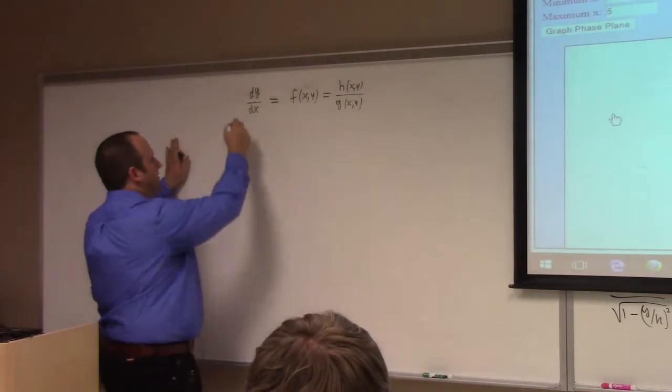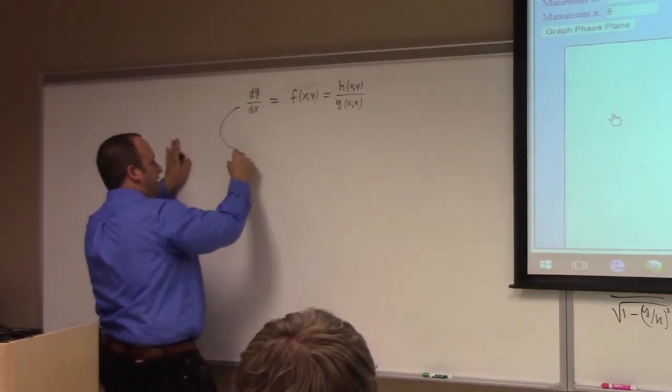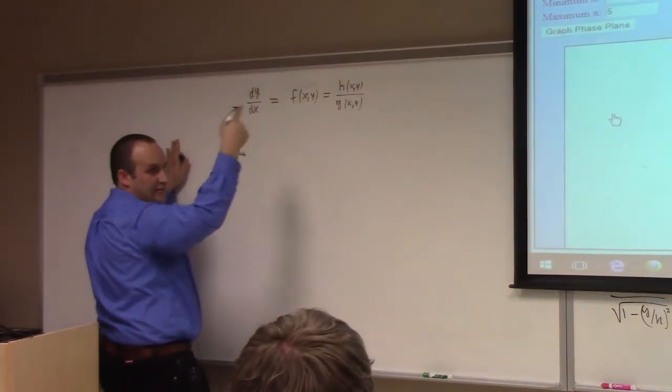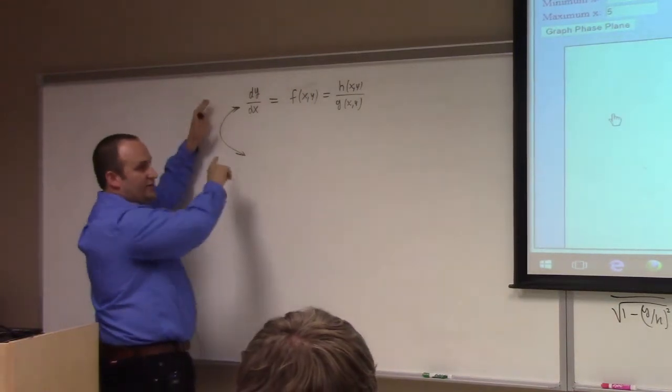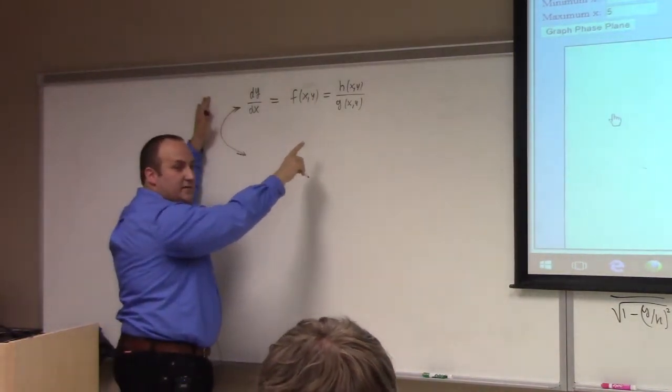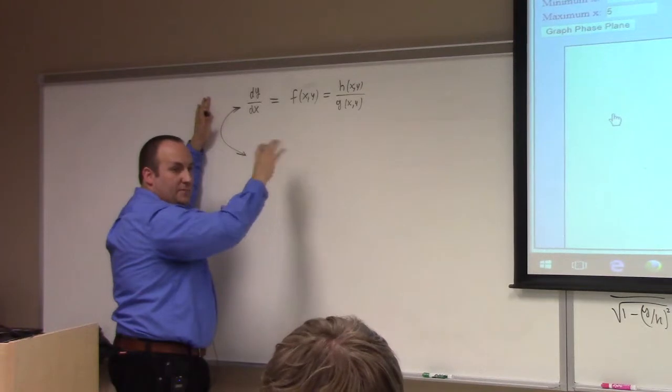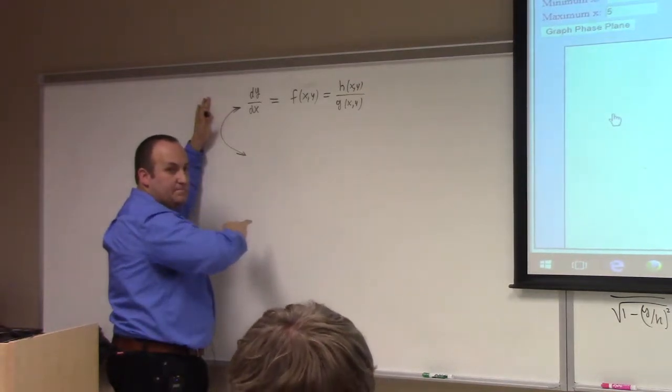I'll explain this in more detail another day, but since I got this out, I want to show you it. Basically, we can trade this first order differential equation without time for a pair of differential equations in time.